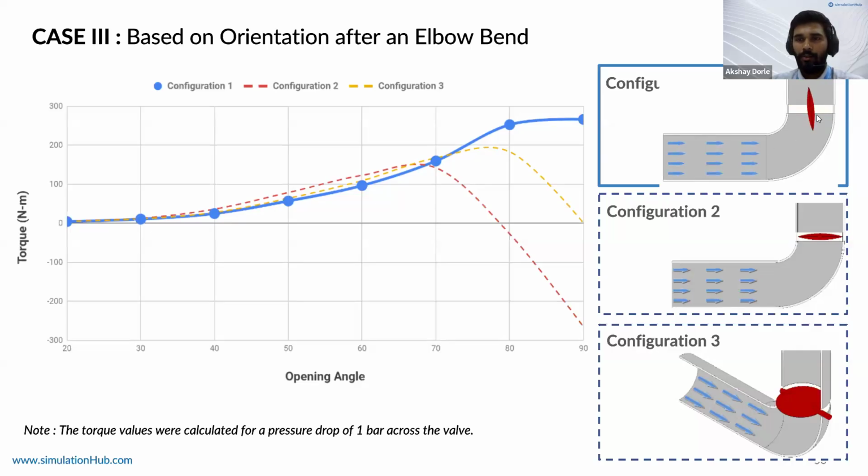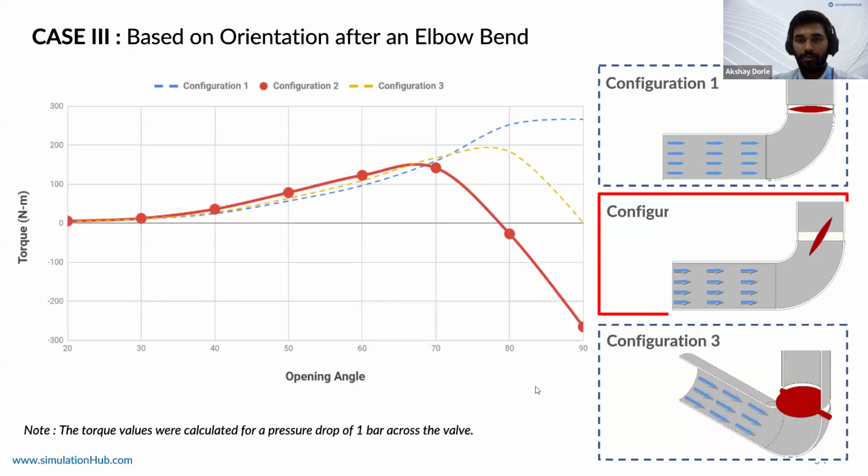When the valve is at, let's say, 80 degrees and it is trying to overturn, due to the high velocity, the valve will again be rotated so as to close the valve. Hence, we observe that the CDT is positive.